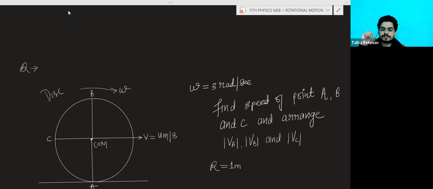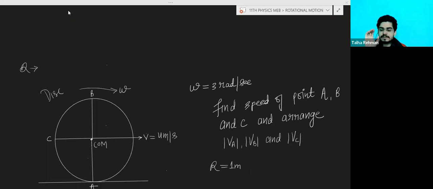Whenever a body is moving in a circular path, the direction of the velocity will always change, because at each and every point you draw the tangent to find the direction of the velocity, and each point has a different tangent, so a different direction of velocity.